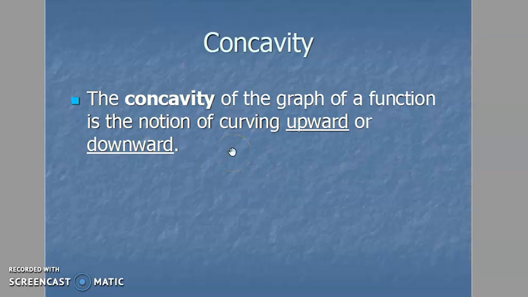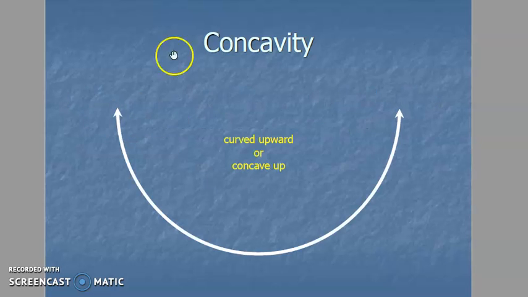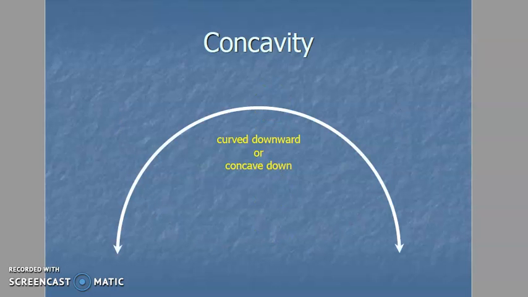Concavity is a notion of curving upward or curving downward. If you look at a graph like this, this will be concave up. In a layman's definition, it holds the water. If you take this graph, it spills the water, so it is concave down.